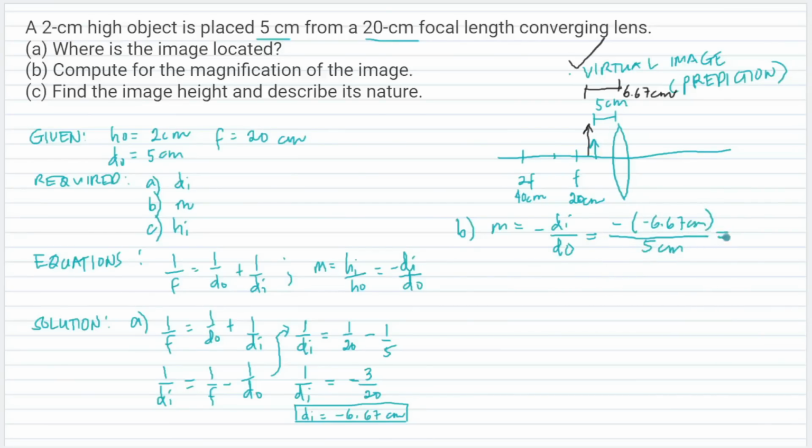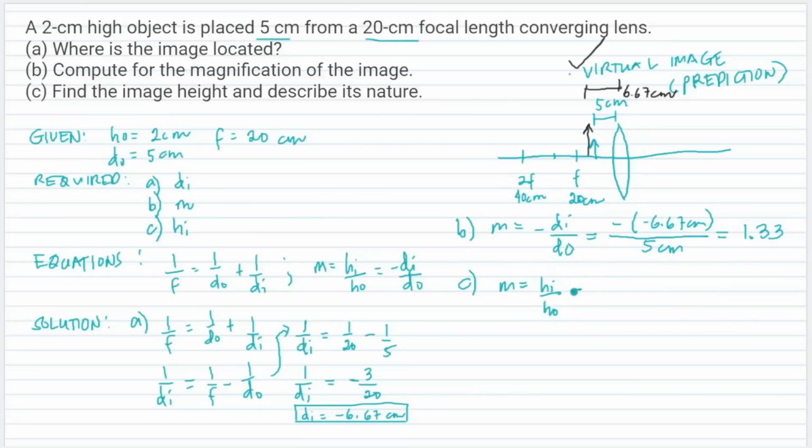Then, we will be getting a positive value kasi negative times negative. And that would be 1.33 for our magnification. So, what does a value of 1.33 mean? Positive, ibig sabihin yan, siya ay upright. Okay? And greater than 1, ibig sabihin, mas malaki siya.